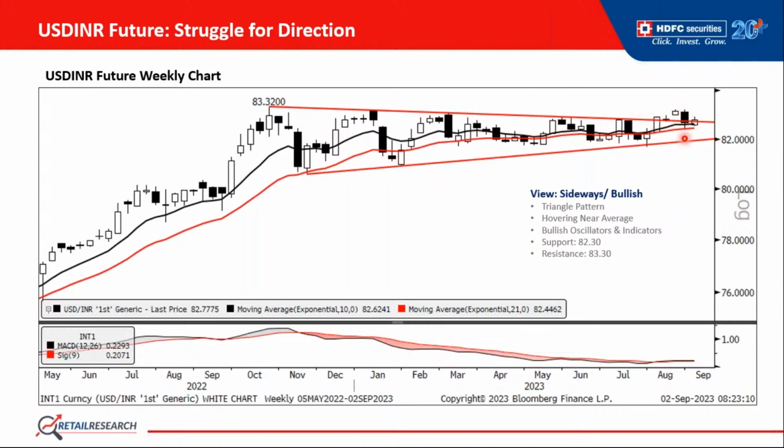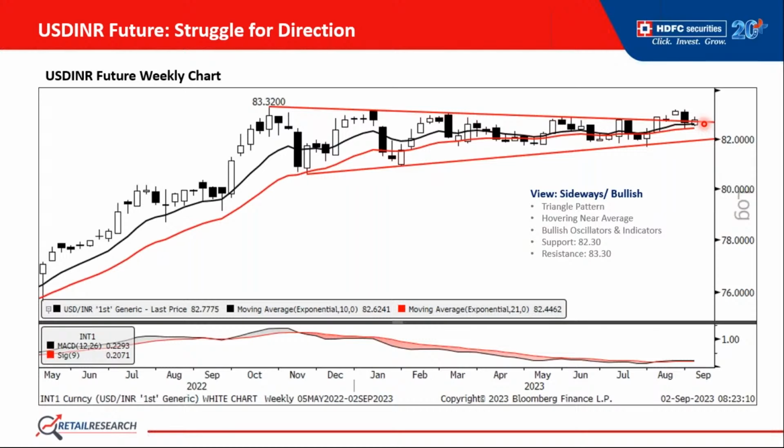But as said in the last week of August, this black candle, due to the RBI interventions and dollar selling from the RBI, took us back into the resistance line, or we can say that a throwback has been seen. However, if you go by the trend direction, we are still holding the 20-week exponential moving average. That will remain crucial for further direction.